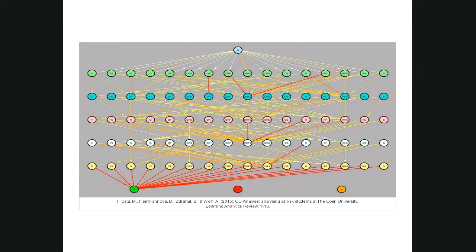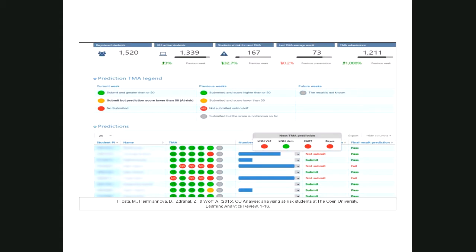And what we then can start to do is we can build amazing visualizations for our teachers. So what you see here is a visualization of the kind of activities that students are doing on a week-by-week basis, and then you can see which of those students we predict are at risk and which students we predict are not doing so well. A teacher then has the opportunity at the university to click on a respective student and see what that student is actually doing.